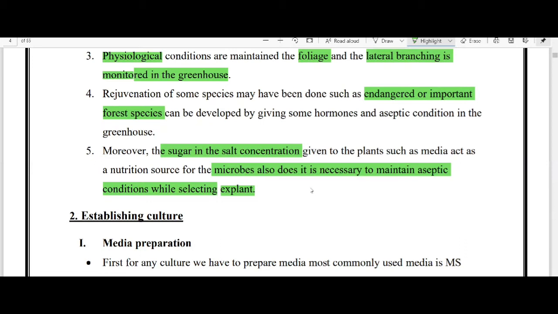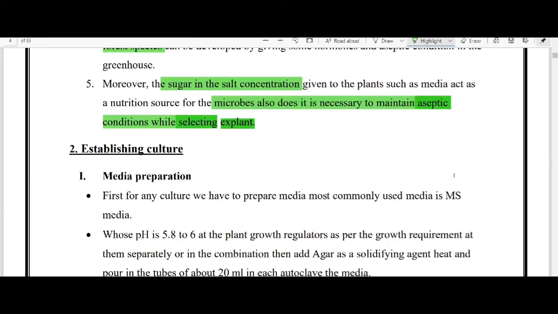Thus it is a most necessary step to grow these plants for selection in aseptic conditions, which means in a greenhouse.